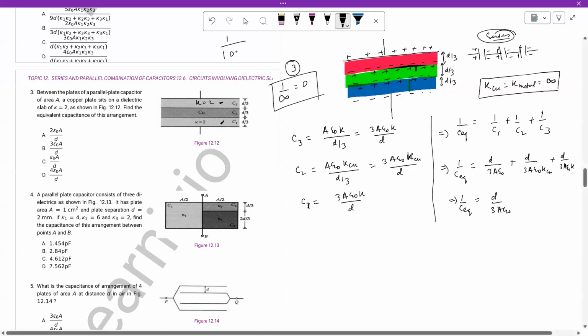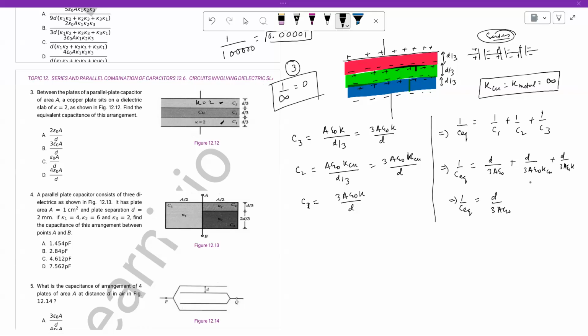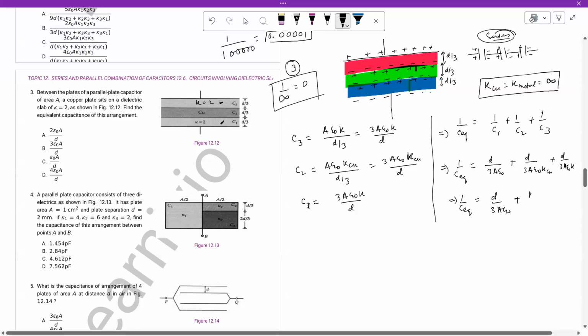One divided by 100,000 is 0.00001, nearly zero. So this part, d by infinity, is zero.